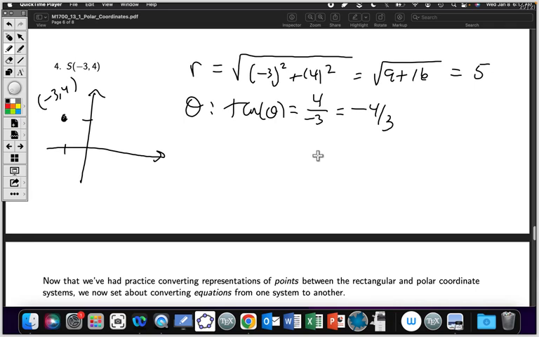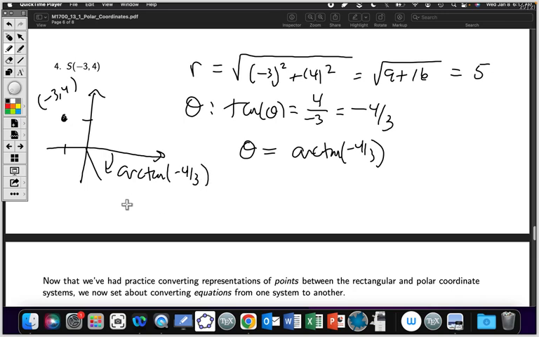A couple different ways I could go about doing this. If I took the arctangent function as is, this would give me an angle down here in quadrant 4. So this would be the arctangent of negative 4/3.